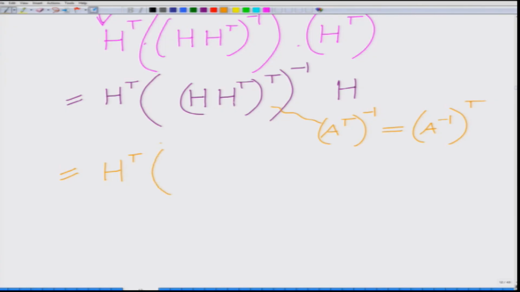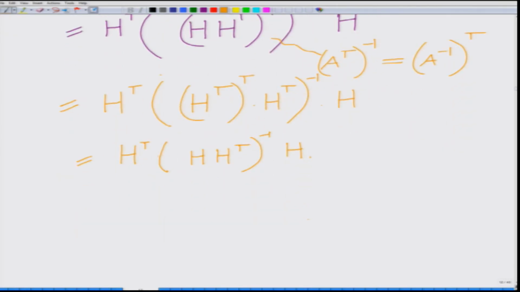Again, I have the transpose of a product, which is B transpose A transpose, that is H transpose transpose times H transpose inverse times the matrix H. So, what I have shown is that if I take the transpose of this matrix, I again get back the same matrix PH, that is PH transpose equals PH.